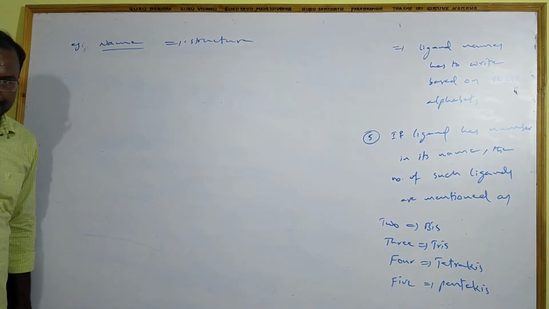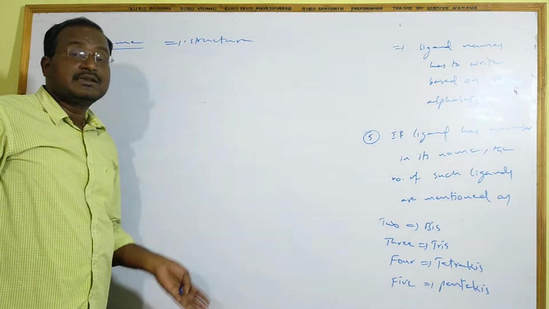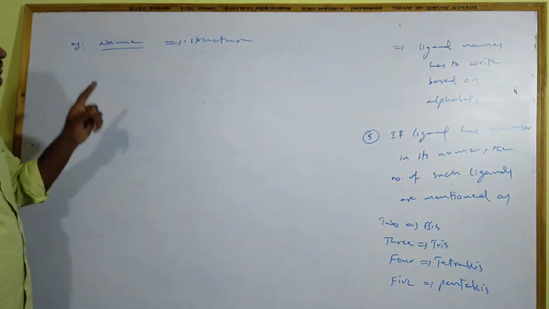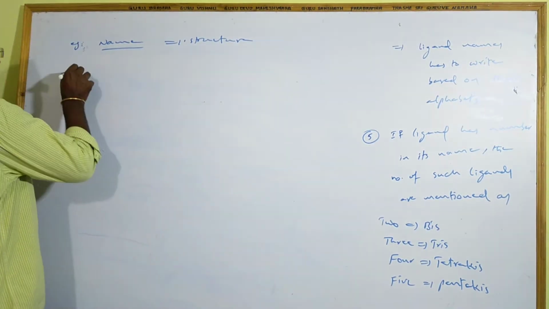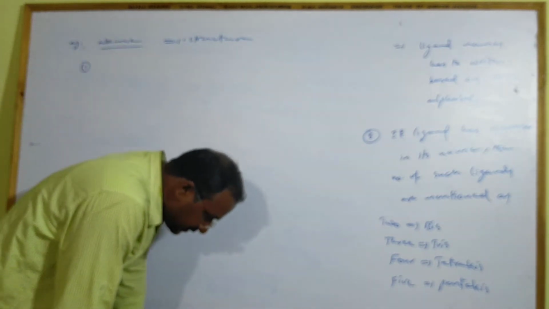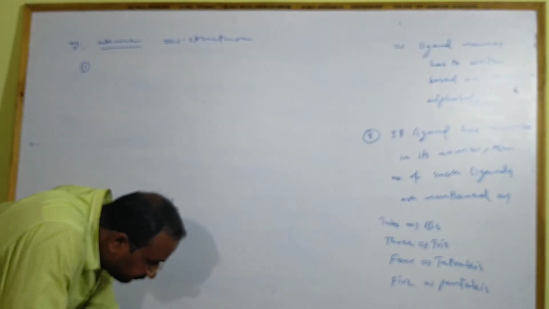Name to structure. In the earlier examples they gave structures and we wrote names. Now they will give the name and we have to write the structure. I will explain two examples for this, because of lack of time.